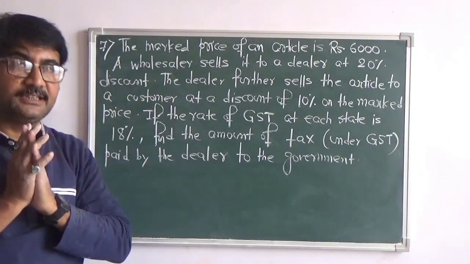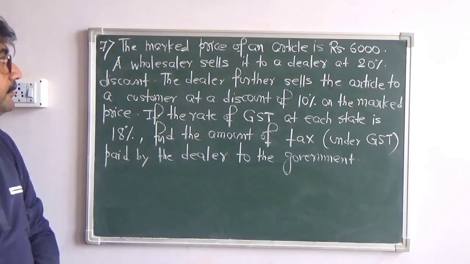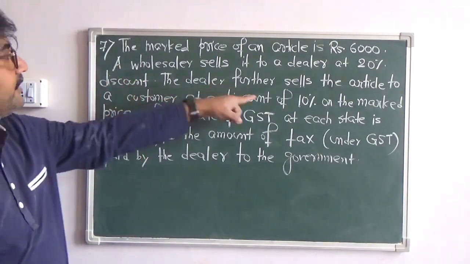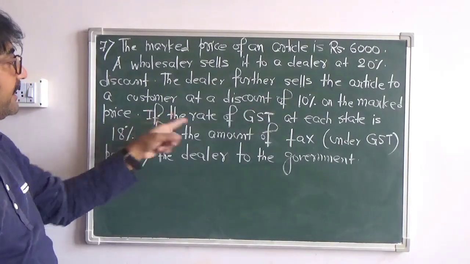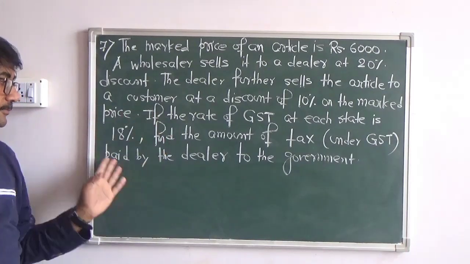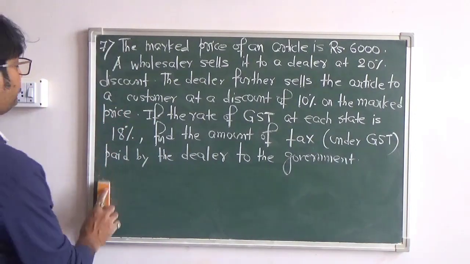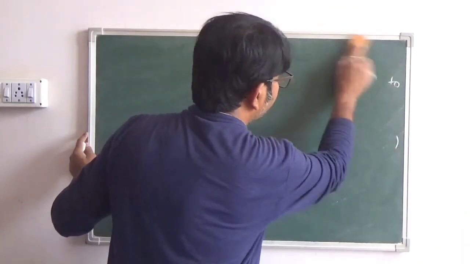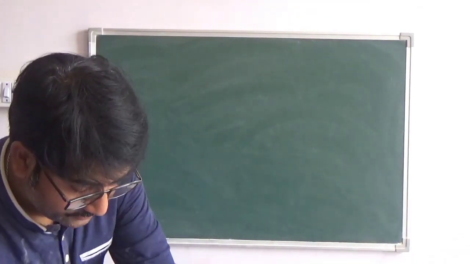So whenever we have a discount, first we will deduct that discount money, and then that new value will be the taxable value. The dealer further sells the article to a customer at a discount of 10% on the marked price. If the rate of GST at each stage is 18%, find the amount of tax under GST paid by the dealer to the government. So now let us see this. Whenever there is a discount, first you have to deduct it.